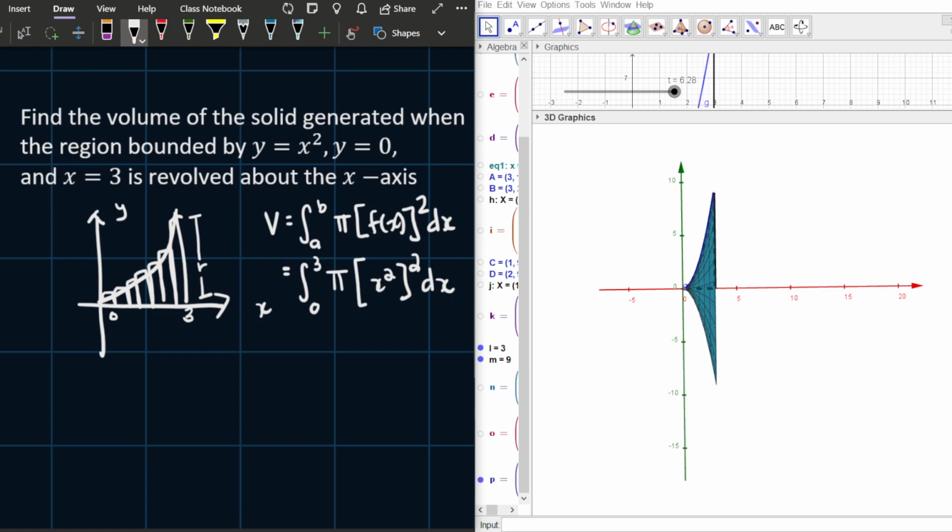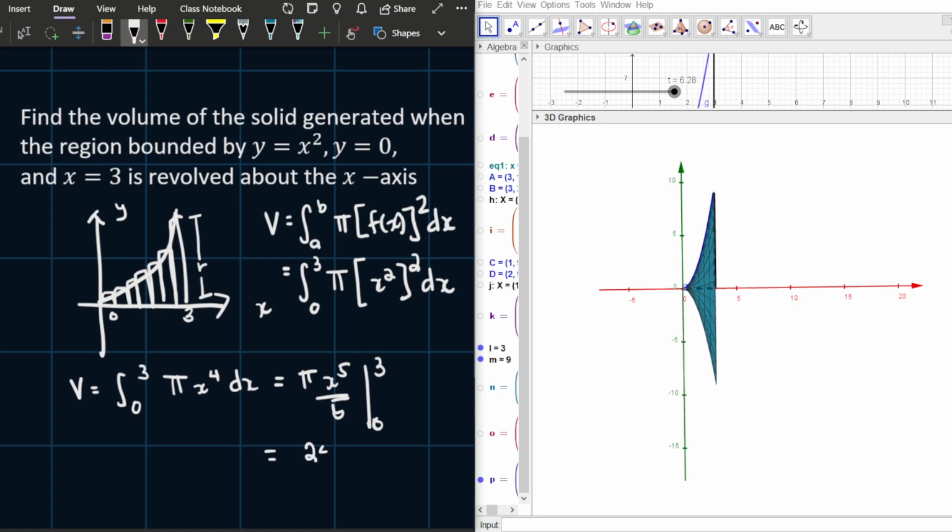Okay, so simplifying, we have that the volume is equal to the definite integral from 0 to 3 of pi x to the 4th dx. Applying FTC2, this will give us pi x to the 5th over 5, evaluated from 0 to 3. So this is 3 to the 5th over 5 times pi.